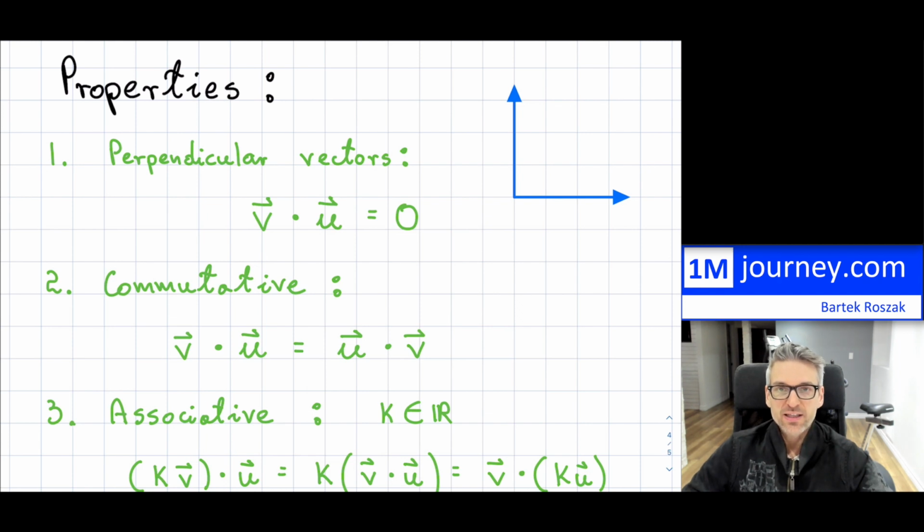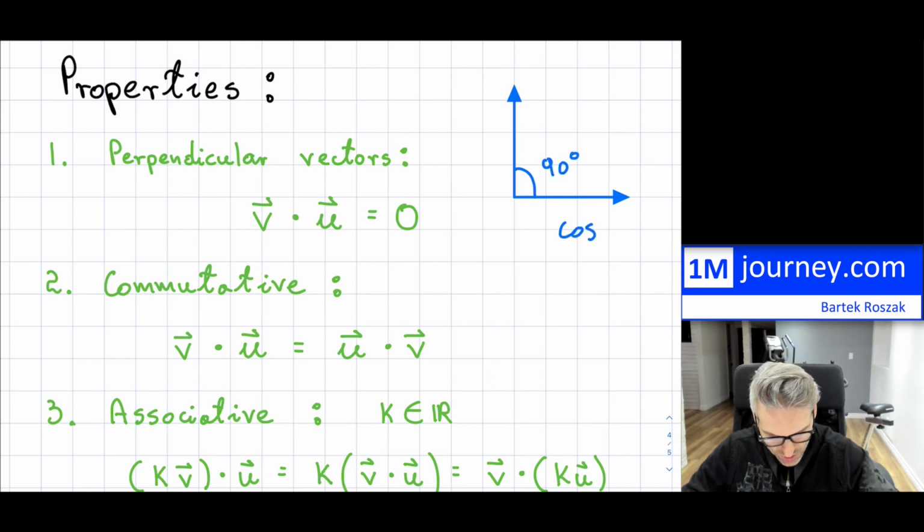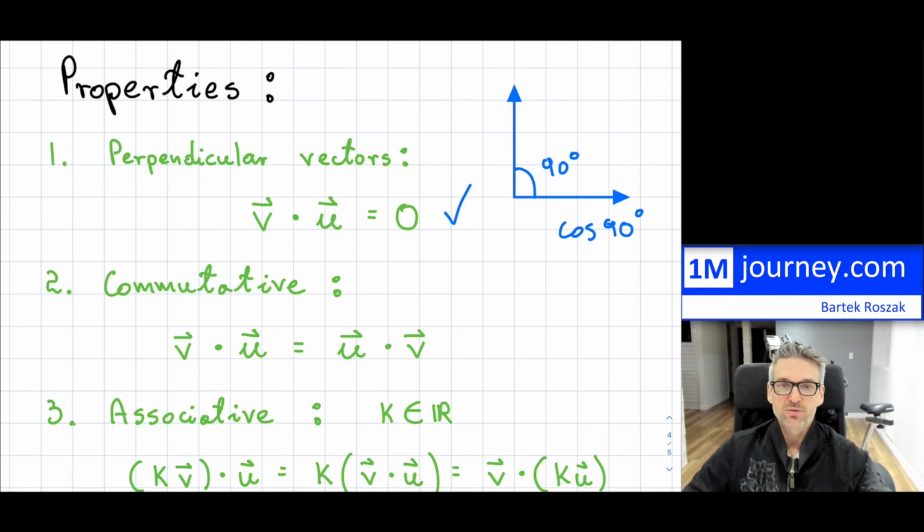Well, by definition, if you're trying to do the cos of the angle, and the angle is 90 degrees in between, well, of course, cos of 90 is equal to 0. So it doesn't matter what their magnitudes are. The angle between them, if it's 90, cos of 90 is always going to be 0. And this is exactly what you're going to find. So the dot product is going to be equal to 0.